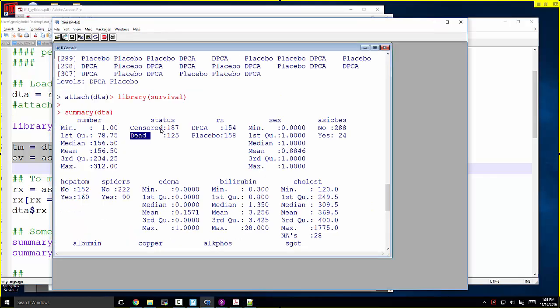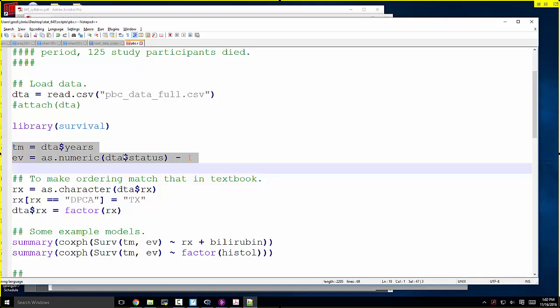code these as, I think, 1s and 2s. 1 for the lower alphanumeric level, censored, and 2 for the second. I don't want 1s and 2s. I would prefer 0s and 1s. That's what we're used to. So I'm going to say as.numeric and then subtract off 1, turning 1s and 2s into 0s and 1s.